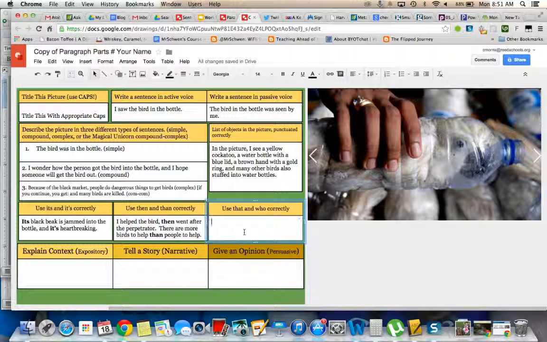Okay, so that refers to a thing, who refers to a person, like the bird that is in the bottle, right? Bird's a thing, not a person. And the person whose hand is there, or the person who rescued the bird. How did the bird even get in there?